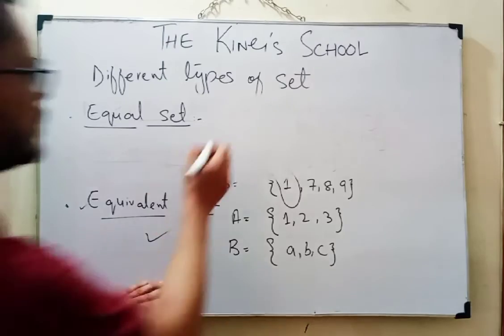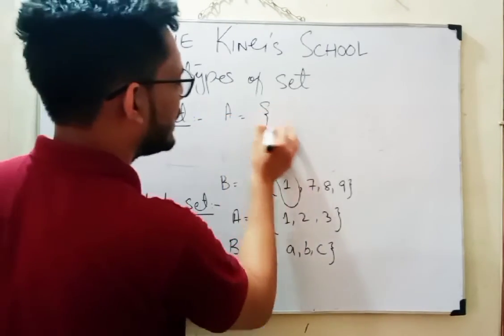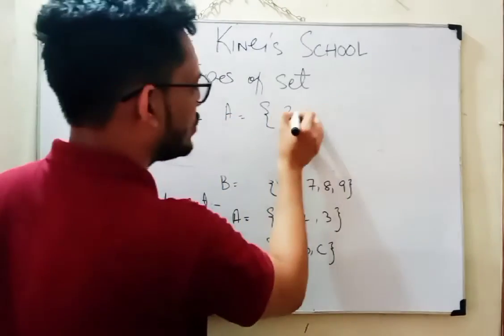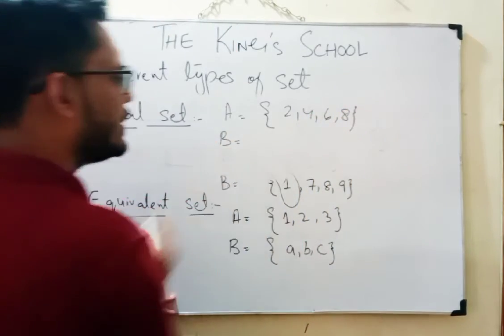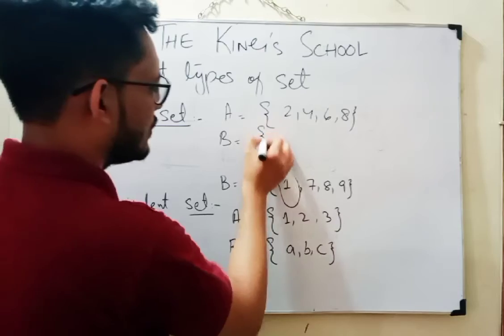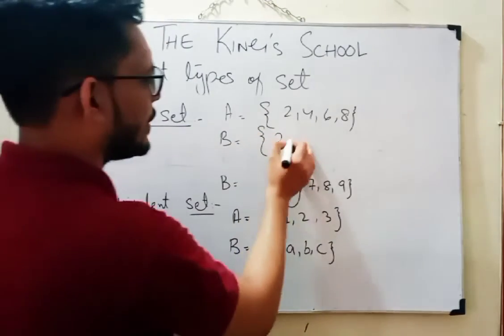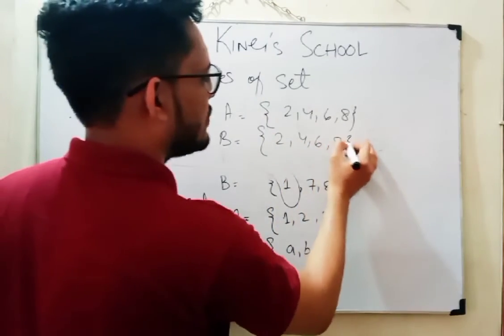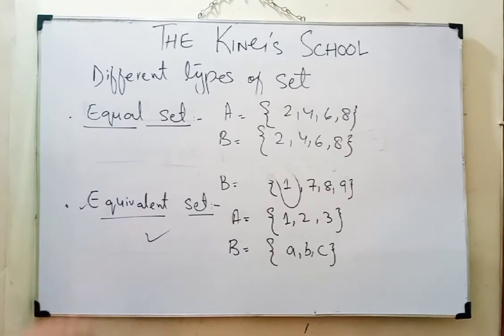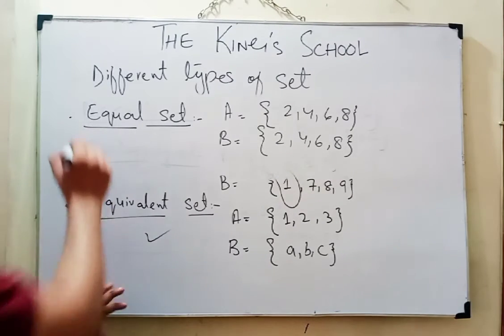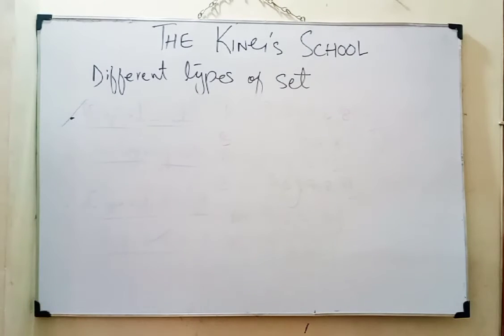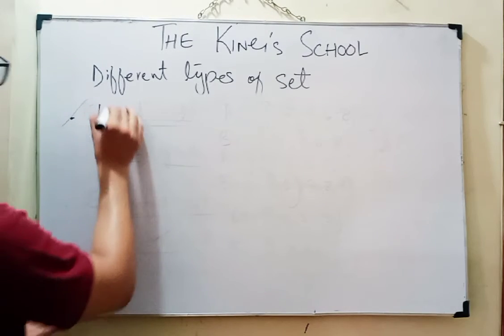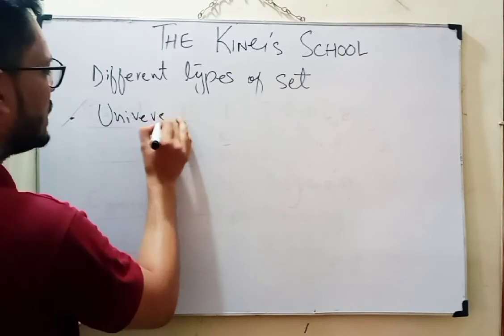For example, we have A is a set in which the even numbers are 2, 4, 6, 8, and B is a set in which the elements are the same as we have in set A. So we can say that it is an equal set. Now another type of set is the universal set.